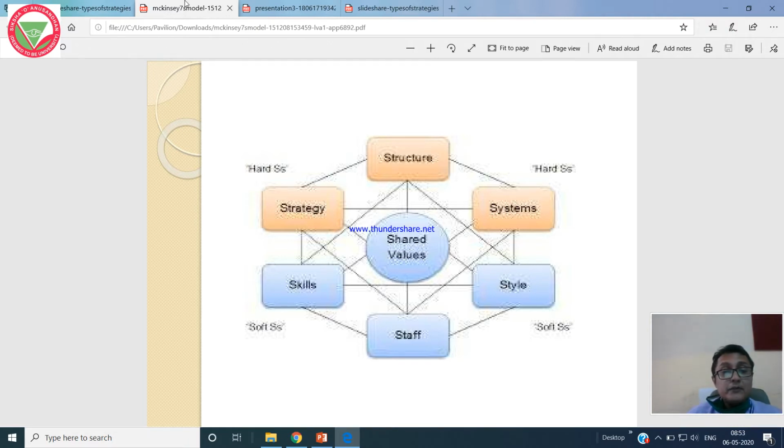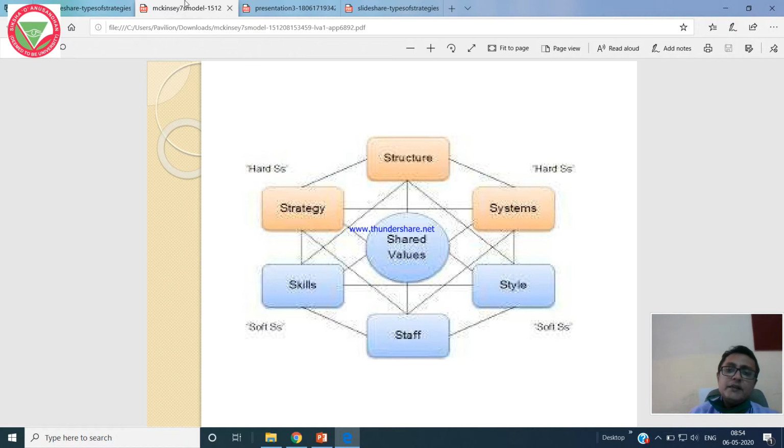What is the level of skills that your people have, and up to what extent can they go, whether they are ready to go beyond their comfort zones in order to achieve various objectives set by the company itself. Then comes strategy. What is your vision? What is your mission? What is your strategy to achieve a lucrative pie in the market? Then comes shared values. Shared values are those commonly shared values that can be read, understood, and adopted by all people working in the organization.